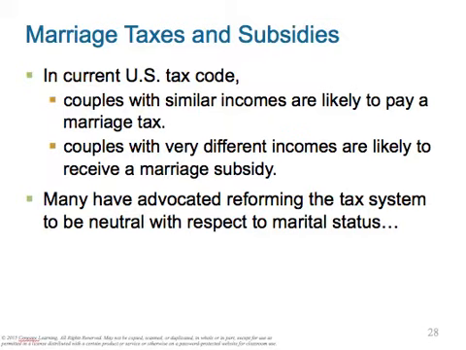If they're both earning a similar amount, that puts them in a higher tax bracket. They tend to pay a little more for pooling their cash. Couples with very different incomes are likely to receive a marriage subsidy, so they're likely to get some money back because they're married. They tend not to pay as much in taxes or get a larger refund, and that can be seen as a marriage subsidy.